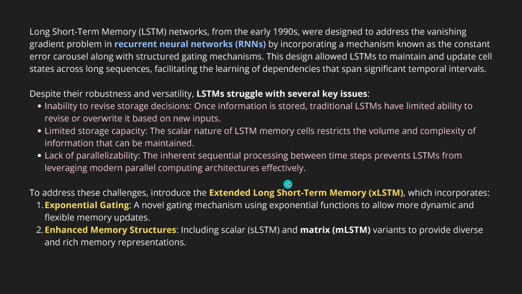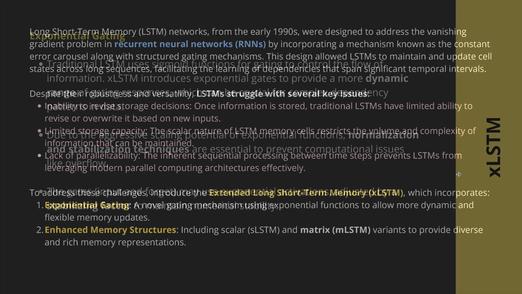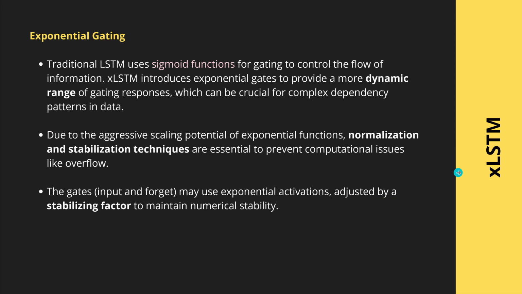And now this new extended long short-term memory system has two innovations. It has now an exponential function in the gating mechanism and some enhanced memory structures. Those two elements are all there is to it, and we will have a look in detail to understand why and how they increase the performance.